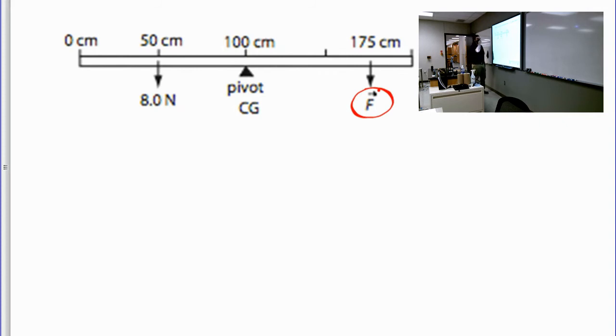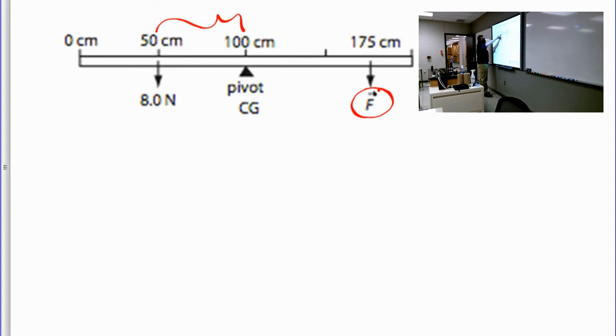Now, with this problem, we want to remember, and the way it's set up is really to get you to focus, that the distances in the problem are not the distances given to you on the beam. It's the distances from the pivot point. So if this weight here is hanging at 50 centimeters, how far is it away from the pivot point?